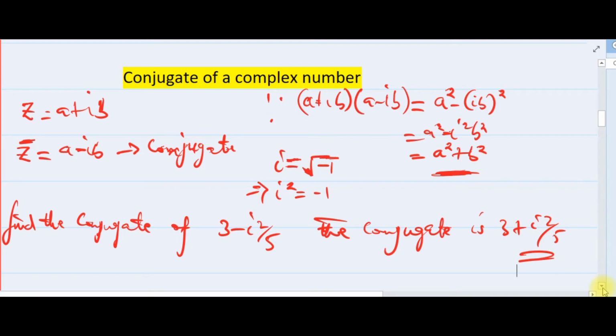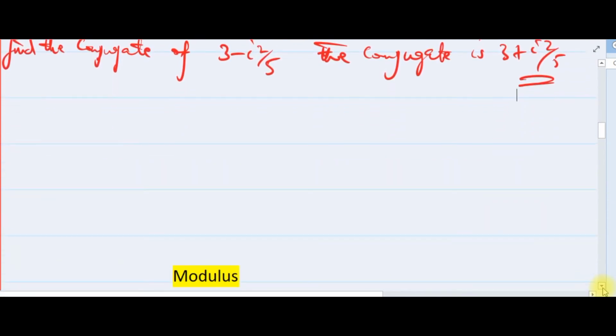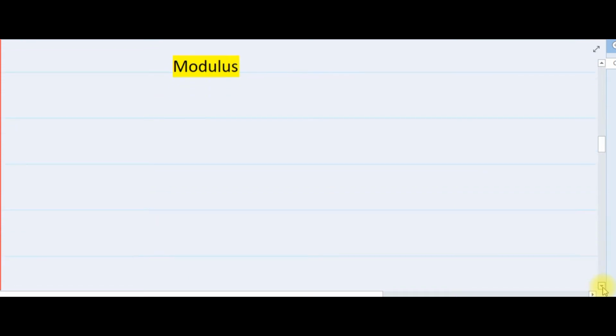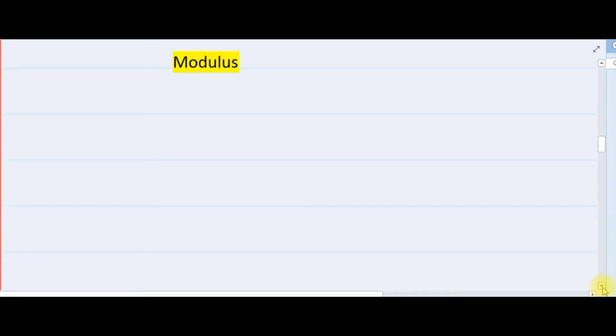That's the conjugate. So the next one, the modulus of a complex number. The modulus of a complex number is written as the absolute value of z, and is always the distance from the origin.